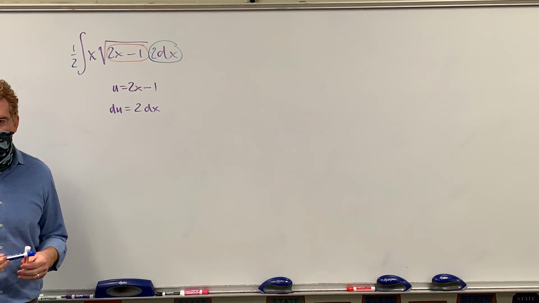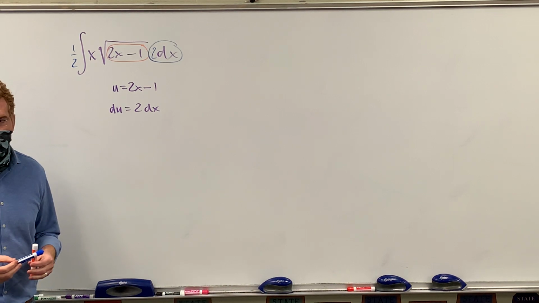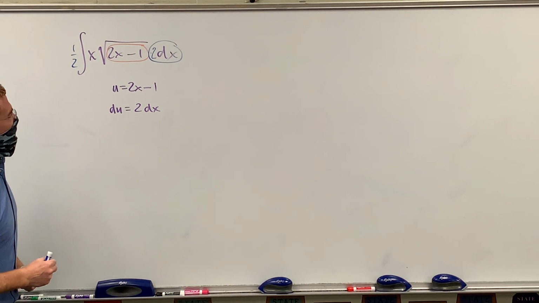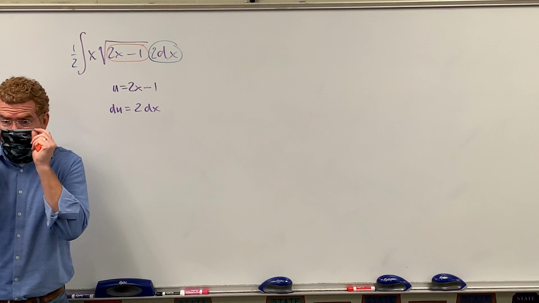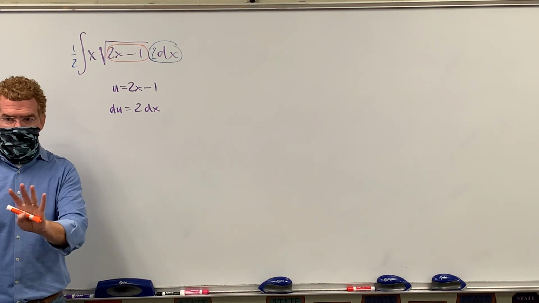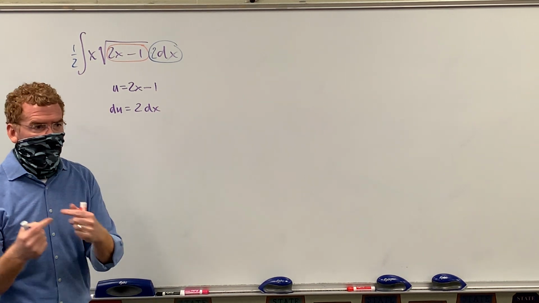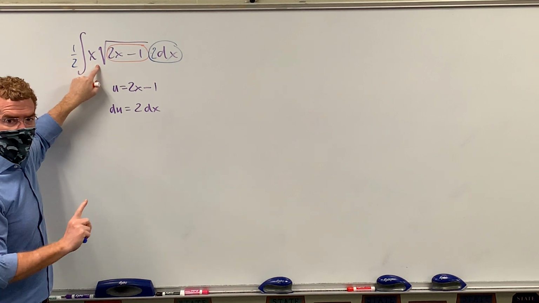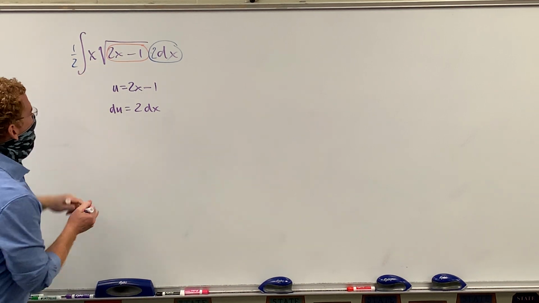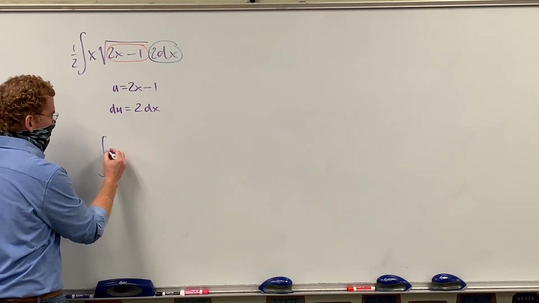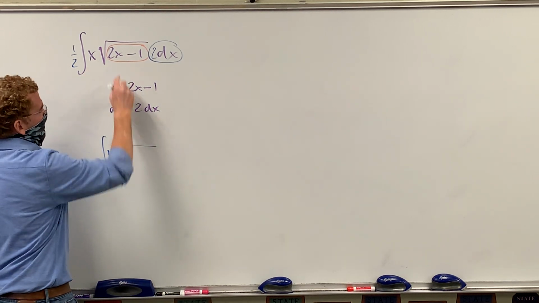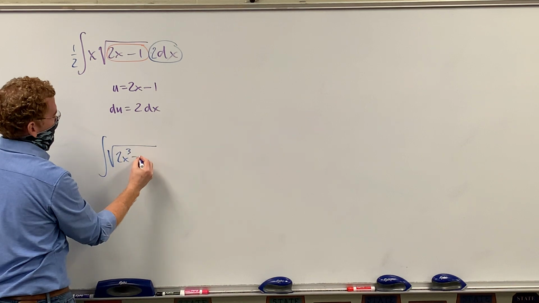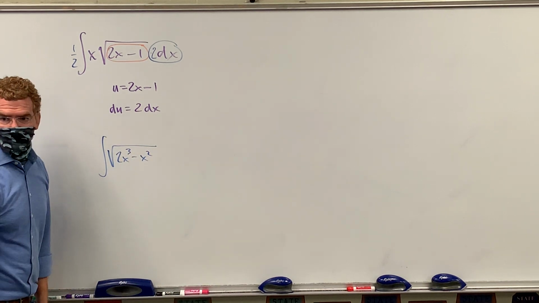So what can I do? You can multiply the x on the outside into the radical. Okay, good thought, actually. It's not going to work, but let's think about it for a second. I like the thinking. An x on the outside really came from an x squared on the inside. If I did that, and listen, it's worth a try, I like creativity. x squared on the inside would give me 2x cubed minus x squared, right?